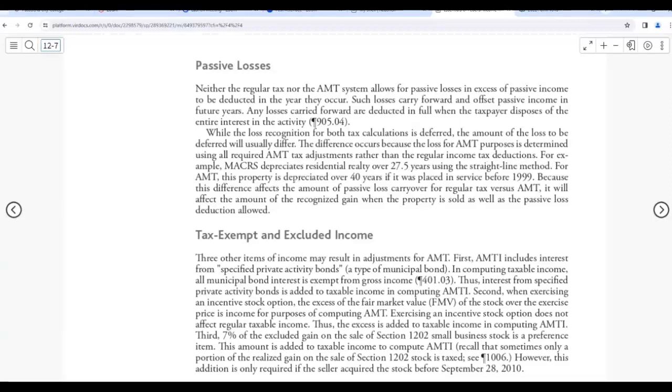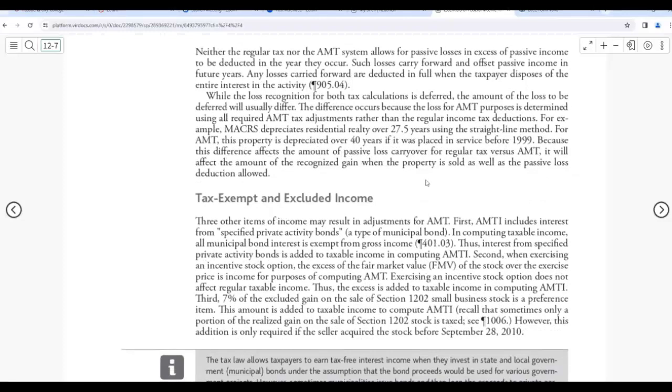For AMT, this property is depreciated over 40 years if it was placed in service before 1999. Because this difference affects the amount of passive loss carried over for regular tax versus AMT, it will affect the amount of recognized gain when the property is sold, as well as the passive loss deduction amounts.